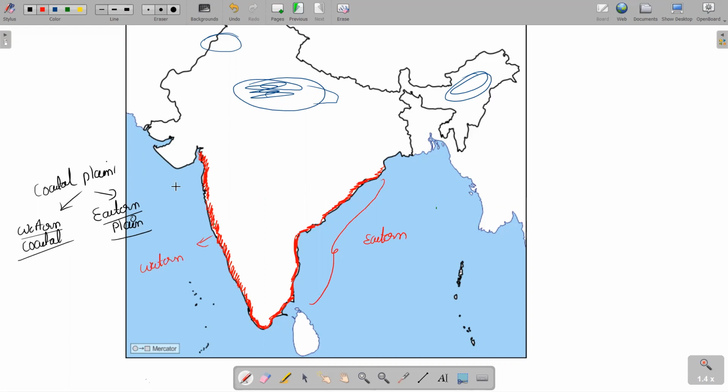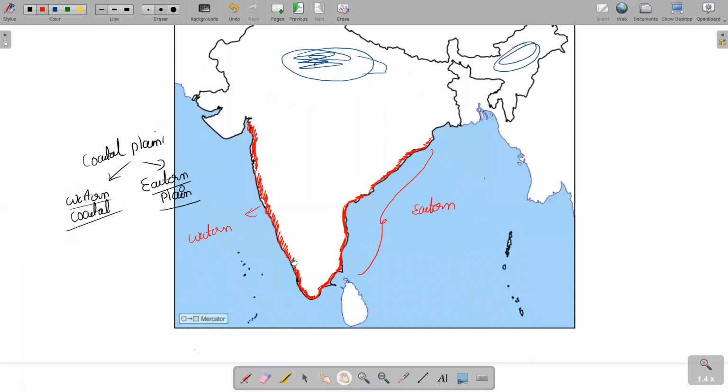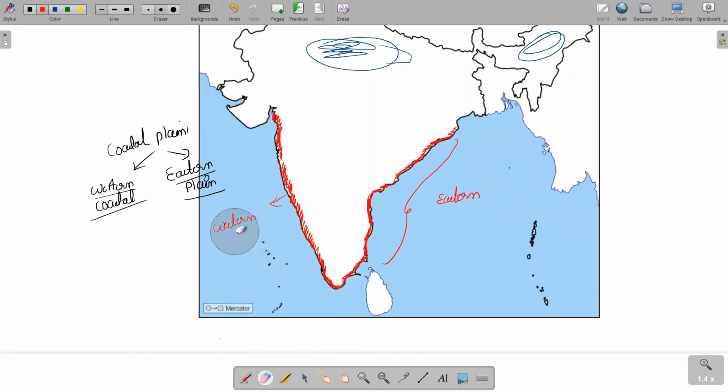Luckily, he will not ask you to find out the western coastal plains from the eastern coastal plains. But as you know, it is a 2 or 4 marks question: the western coastal plains are further divided into how many types? Konkan, then Canara, and the last Malabar.